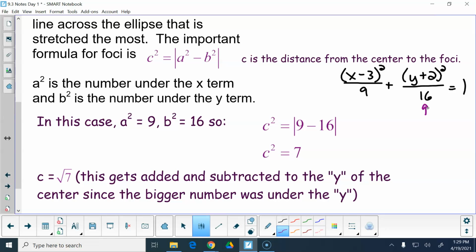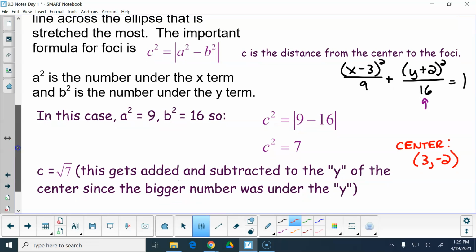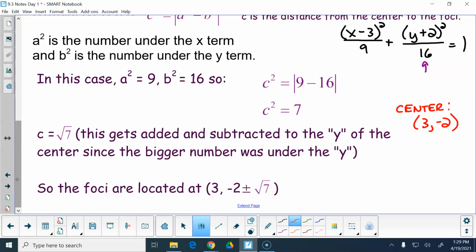So our foci are at the point, remember that our center was at the point 3, negative 2. Okay? So I'm going to add and subtract the square root of 7 to the negative 2 part, and I'm going to leave it in radical form. So the two foci are located at 3, negative 2 plus the square root of 7, and 3, negative 2 minus the square root of 7.